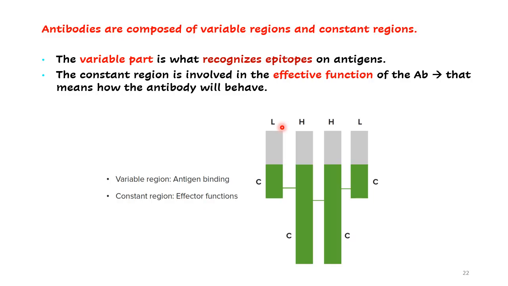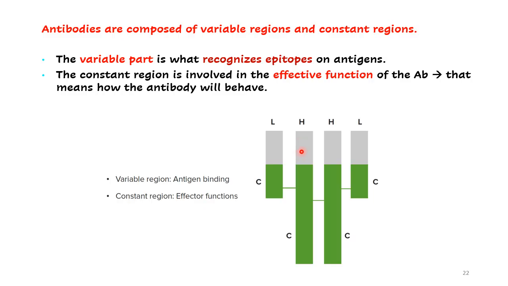Each of the chains has a variable region and at least 1 constant region. The variable region is the part that is going to recognize the antigen. And how is this going to happen?